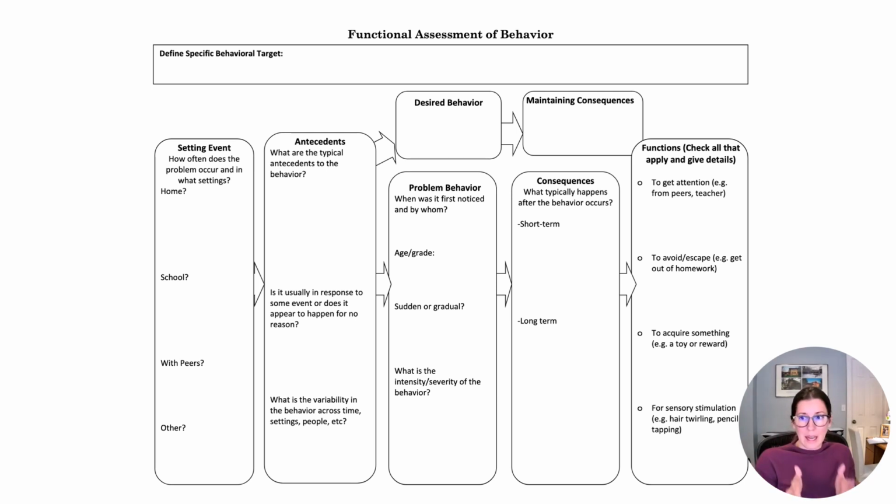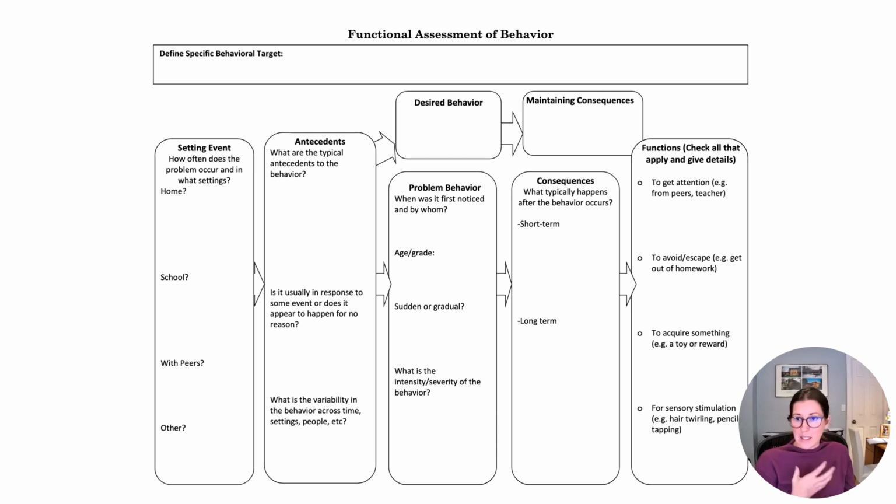So thinking again about the problematic behavior, the behavior that we want to target in treatment, what are the consequences after that behavior occurs? Does it get the child what they want? Does it get them attention? Does it get them an unwanted consequence or a punishment? So what are some of the short-term and long-term consequences that typically follow this behavior once it occurs?